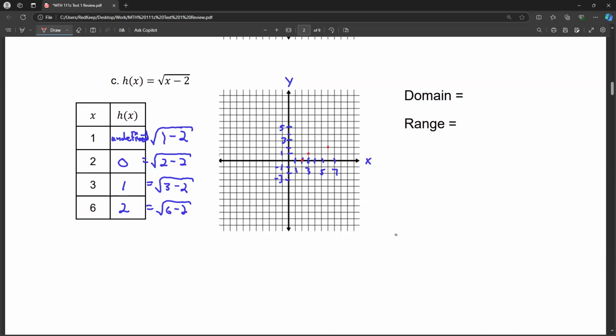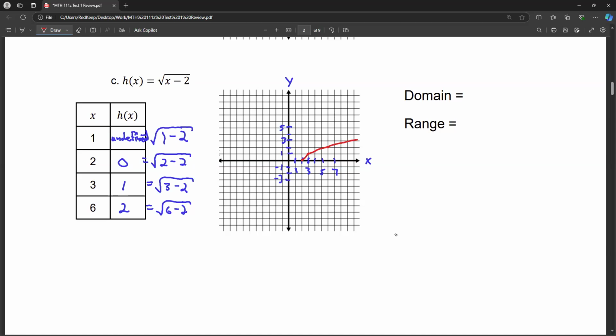Okay, and so kind of similar to what we had just done, right? We thought about the square root function and it has kind of a curve to it. And so I know that the x values can't go below 2, right? Otherwise, I would get a negative value. So I know that this will be my leftmost point, and I'm going to extend a line out from here, doing my best to draw a nice smooth curve.